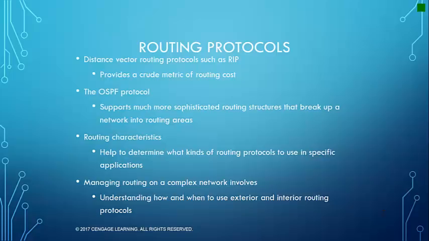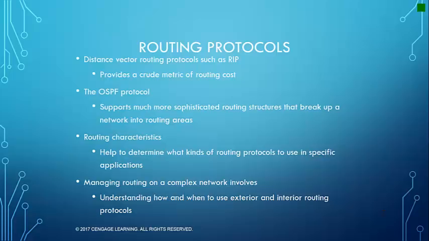The routing characteristics, which determine how long it takes for routing information and changes to stabilize within a group of routers that share information, help to determine what kind of routing protocols to use in specific applications. An important one is convergence, how long it takes for the routing protocol to calculate optimal routes following updates. It includes techniques such as split horizon, poison reverse, and time to live settings.